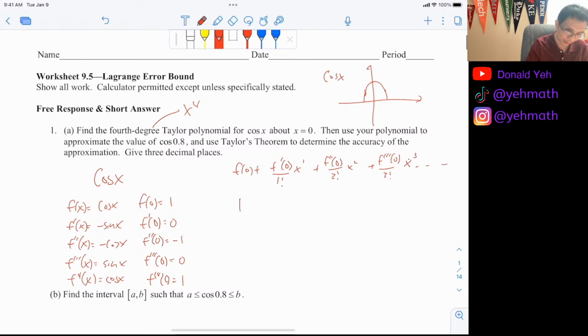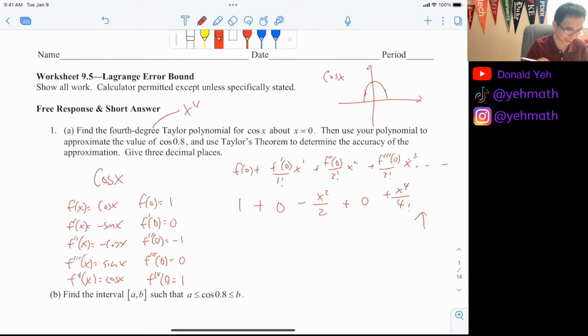So f of 0 is equal to 1 plus 0 plus negative x squared over 2. Is that negative? Yeah, that's negative. And then plus 0, plus x to the fourth over 4 factorial. So you should stop right here.